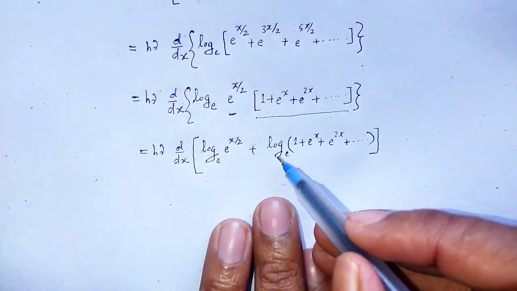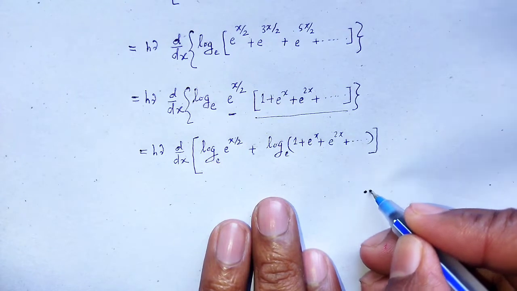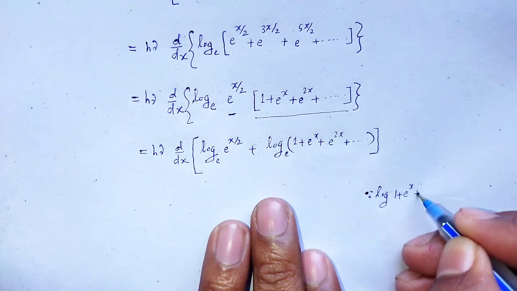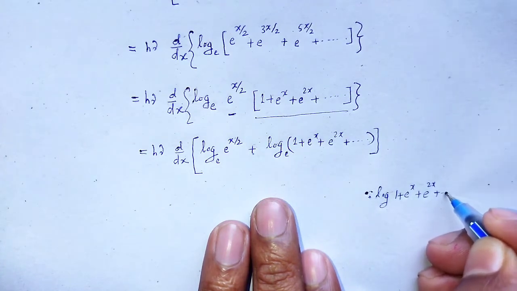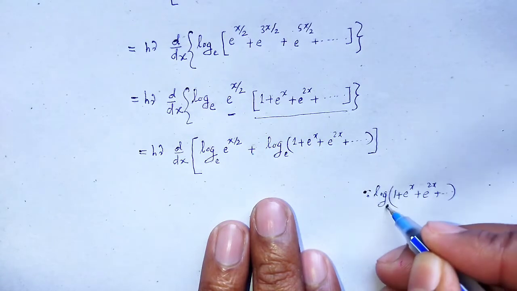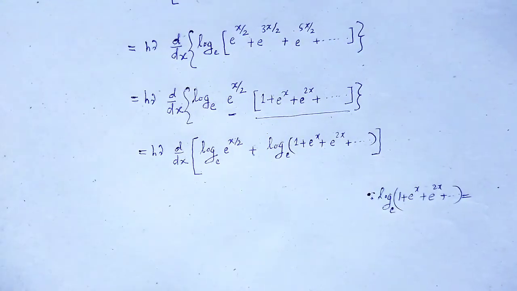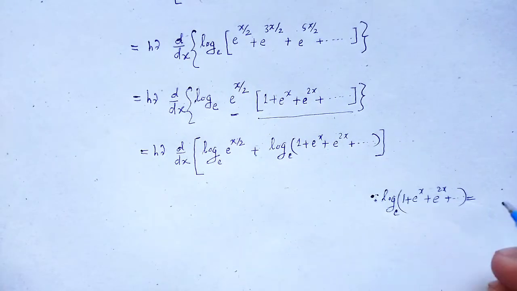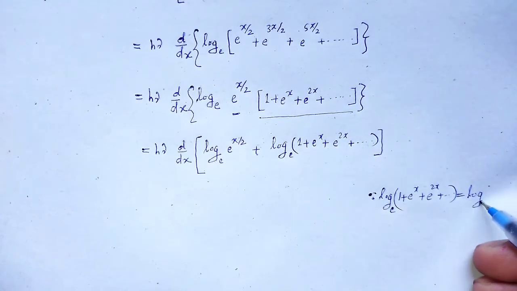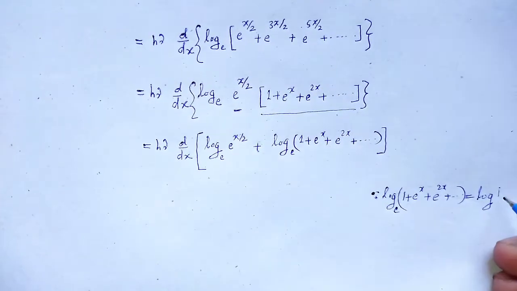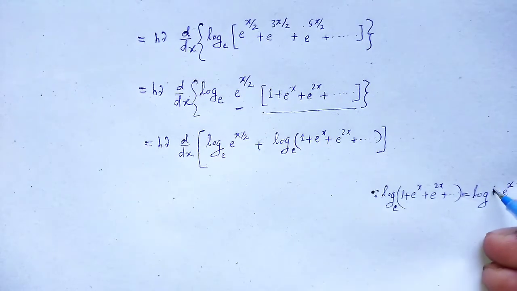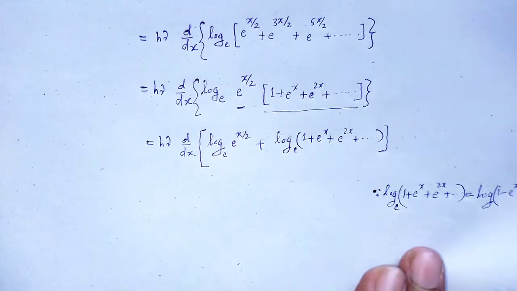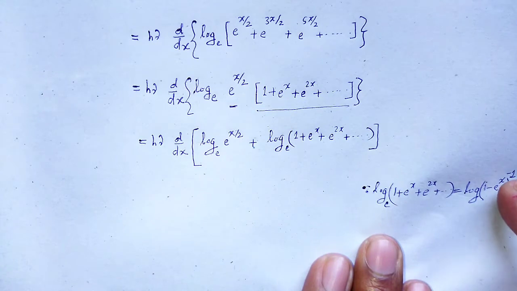So what will be the value of log of that term? Look here, log of 1 plus e to the power x plus e to the power 2x plus dot dot dot having base e is equal to log of 1 minus e to the power x, to the power minus 1.